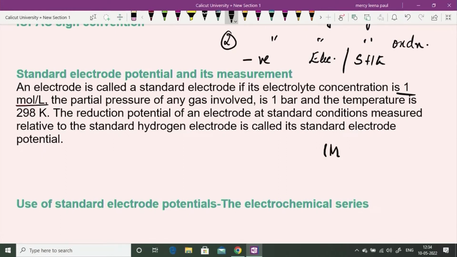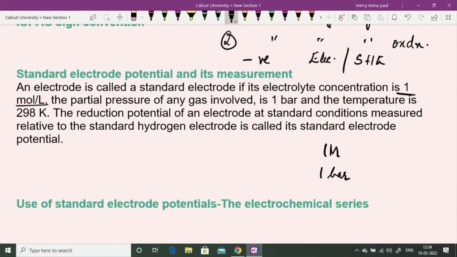Now, if there are gases involved, they have to be at a pressure of 1 bar. The next factor which we have to keep in mind is that the temperature has to be 298 Kelvin. So, these factors have to be maintained, and if we maintain all these, the electrode is said to be a standard electrode, and we use a notation.